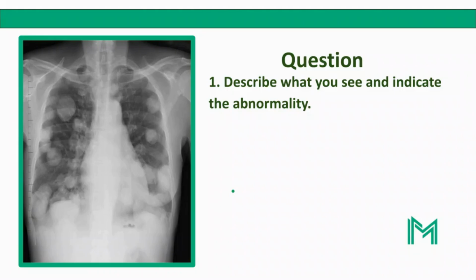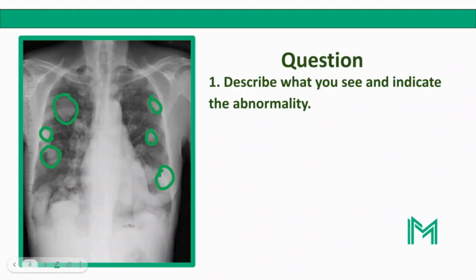What do we see? We see that this is a chest x-ray, and within the lung fields, we see that there are multiple well circumscribed round lesions in both lung fields. You see that they are round in both the left and right lung fields, and you see that there are varying sizes scattered in both lungs.